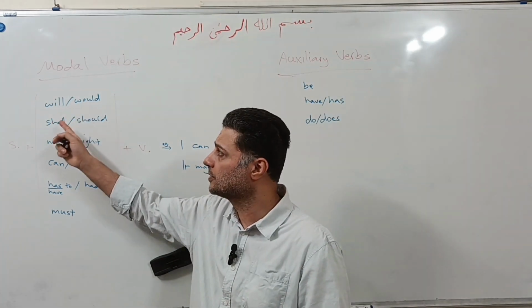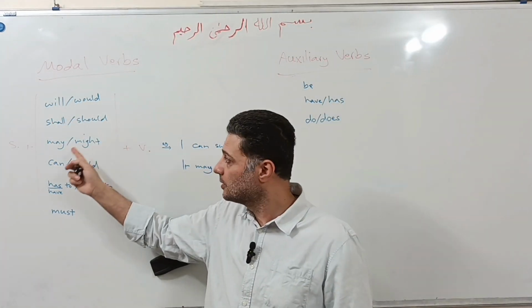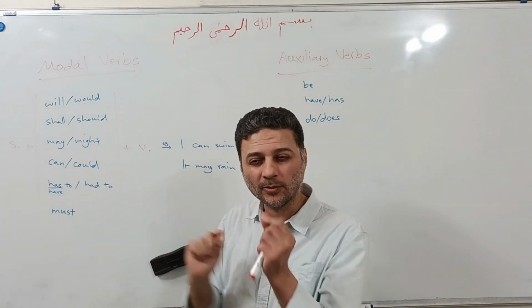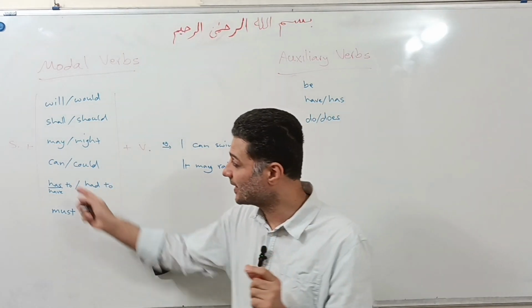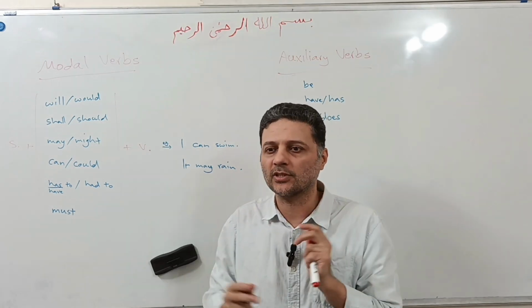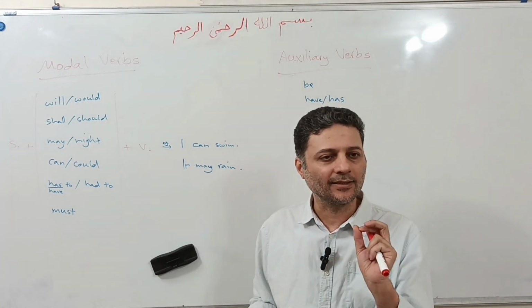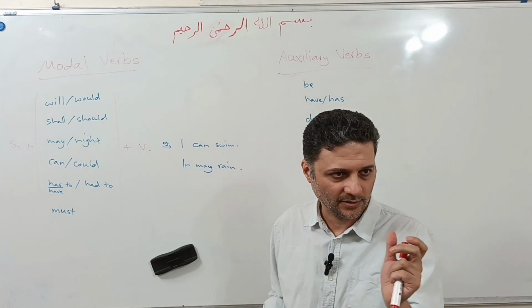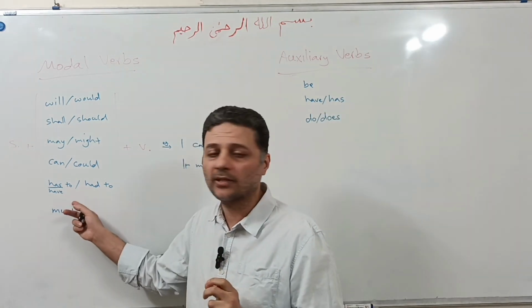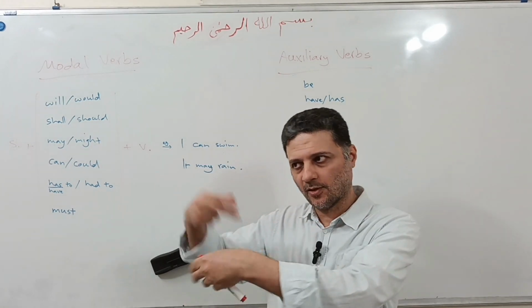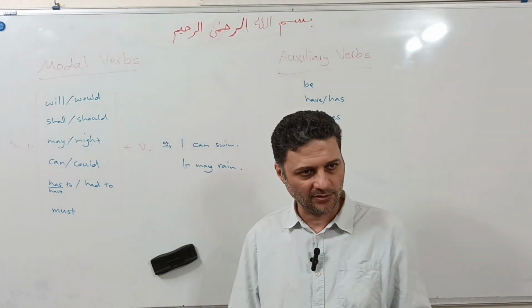Like will, would, shall, should, may, might, can, could. And normally they pronounce it in a special way. All right? Or has to, have to, or had to, which is somehow its past version.